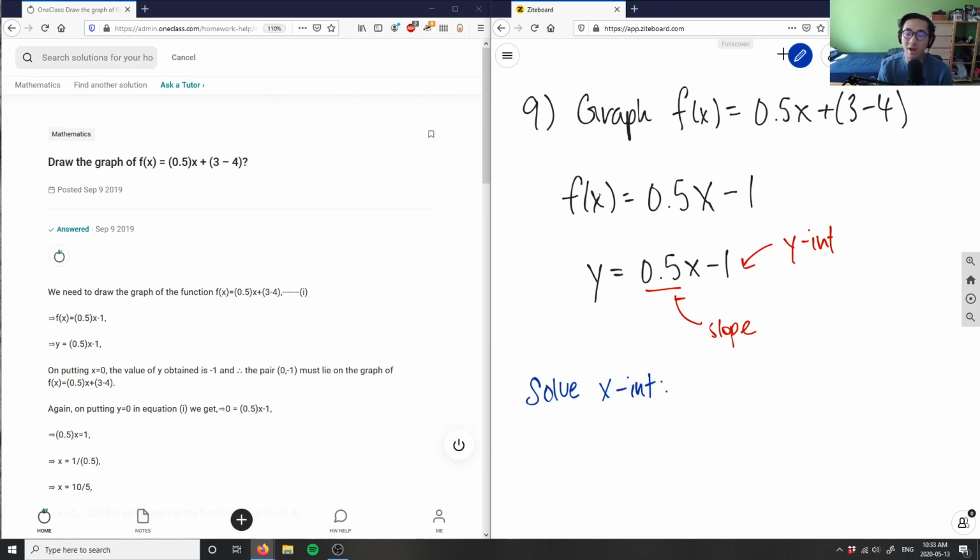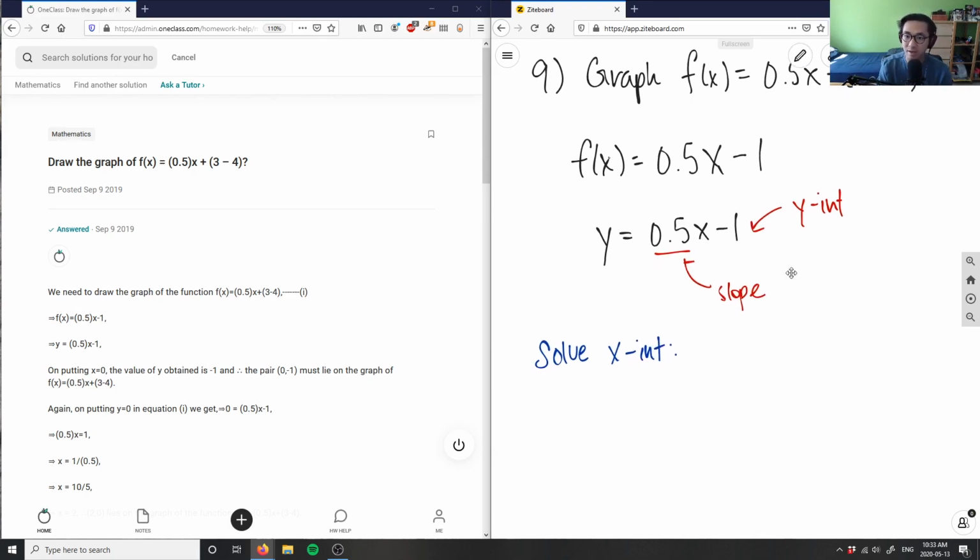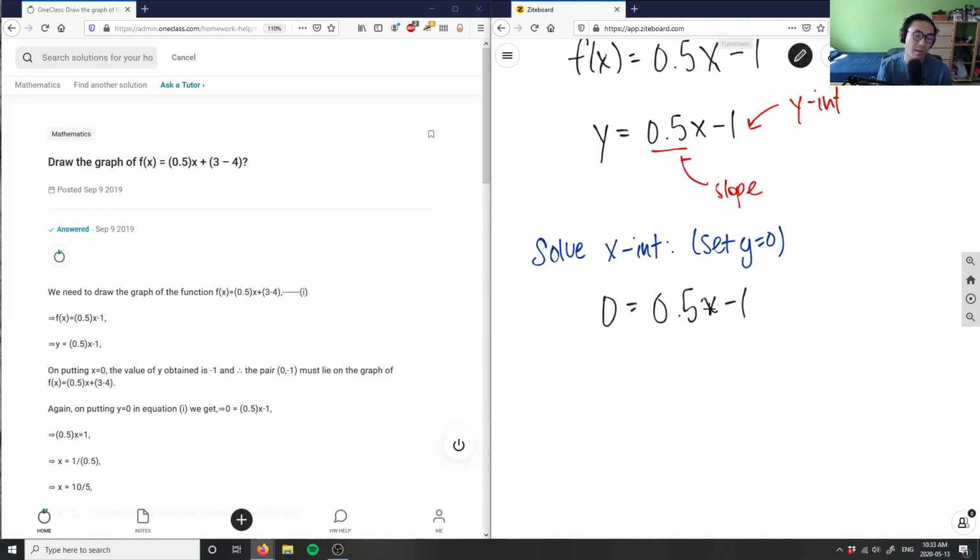To solve for our x-intercept, I'm simply going to set y equal to 0. If y equals 0, then I have 0 equals 0.5x minus 1. Then I'm just algebraically rearranging for my x value, because I'm solving for the x-intercept. I can move the negative 1 over to the other side to make this positive 1.